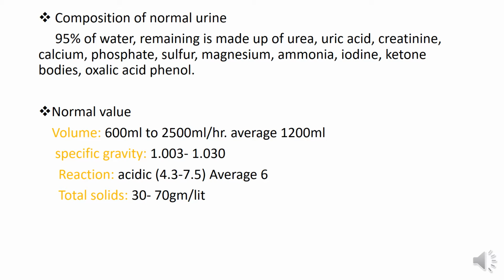Specific gravity is 1.003 to 1.030. Reaction is acidic, between 4.7 and 7.5, and the average pH of urine is 6. Total solids content in urine is 30 to 70 grams per liter.